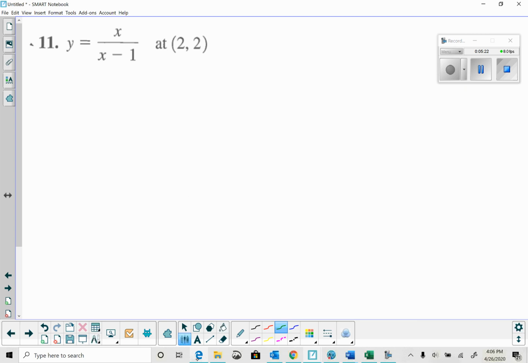We have to find the slope of the tangent line. So the slope is equal to the limit as h approaches 0 of f of, again, our x-coordinate here is 2, so this is f of 2 plus h minus f of 2 divided by h.